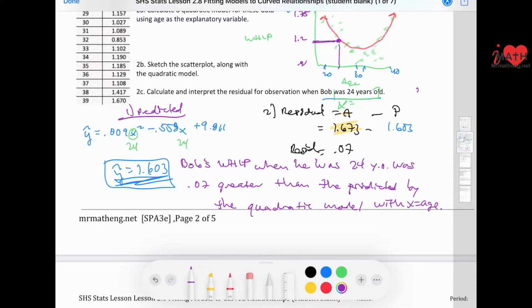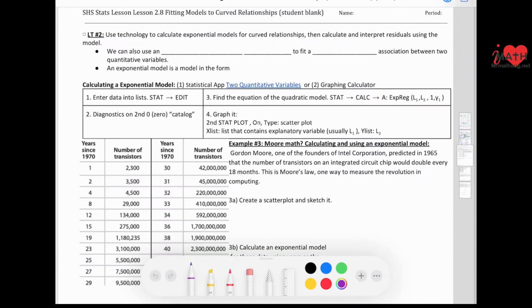Okay? All right, let's move on now. That was learning target number 1, quadratics. Let's move on to exponentials. All right, next page here, learning target number 3.